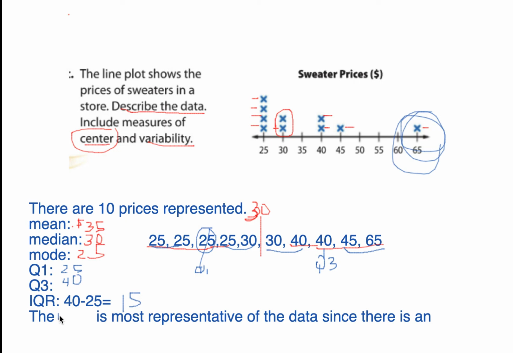I don't want to include and add that up. So I'm going to put median, because there is an outlier. And the outlier is 65. $65 is my outlier. And that is it.